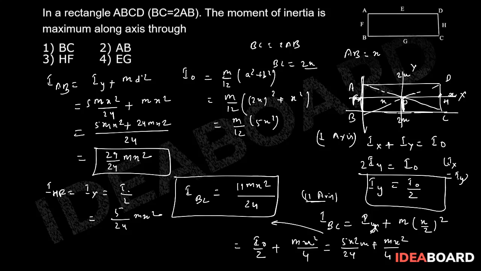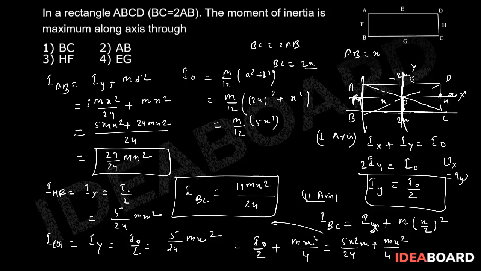And EG, what is EG? This point is E, and E and G lie along this axis. So IEG will be equal to Iy, which is again I0 by 2, which is 5 by 24 m x squared.